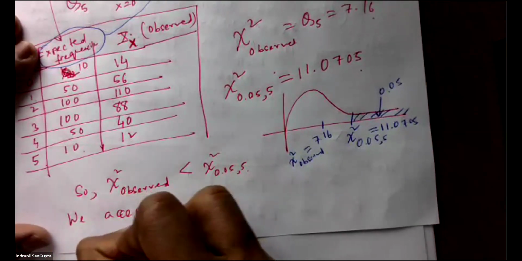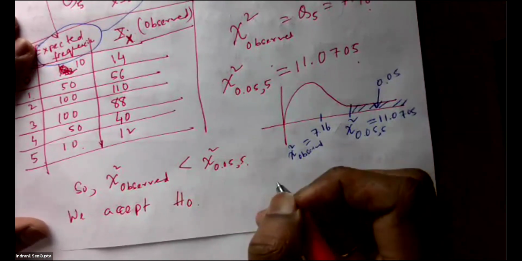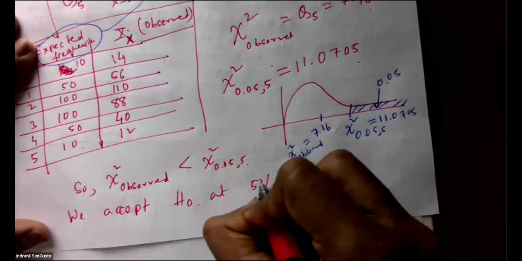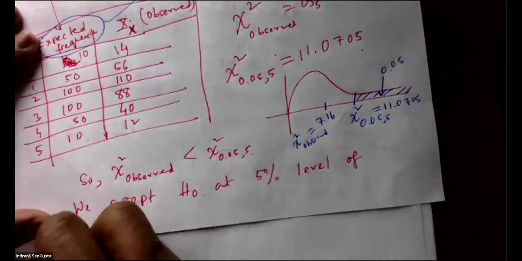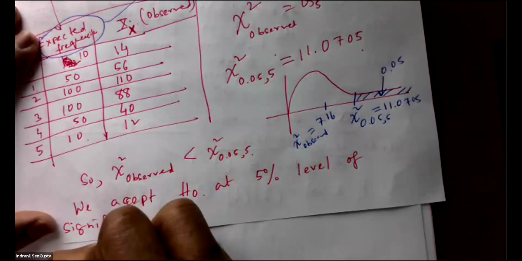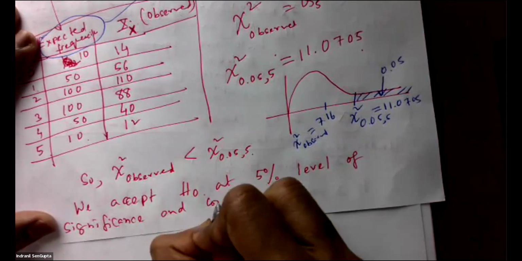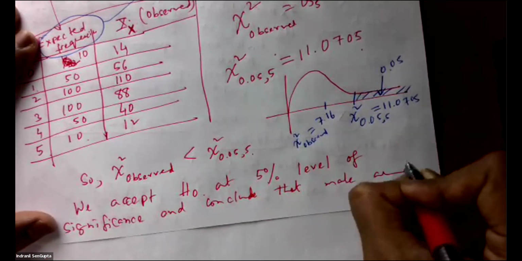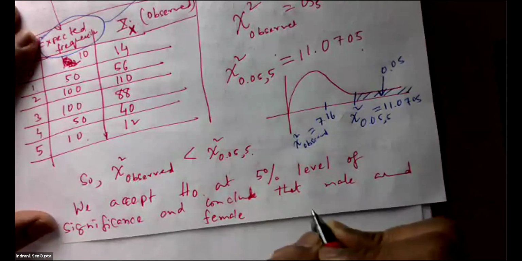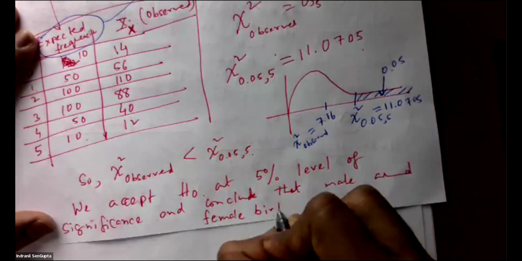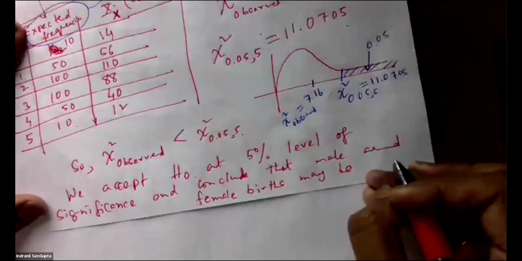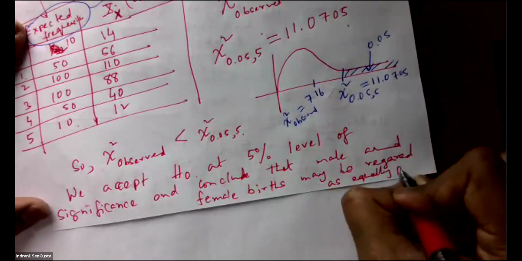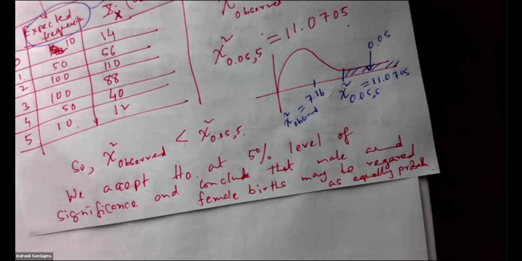So we accept H0 at 5% level of significance, and conclude that male and female births may be regarded as equally probable. Okay.